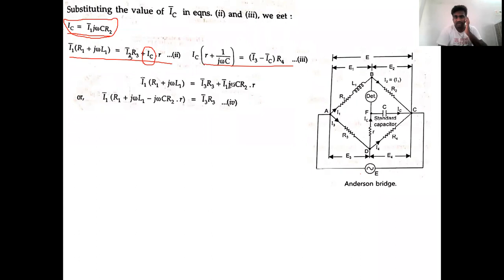I have taken I3 into R3 aside, and this is our new expression, expression 4.